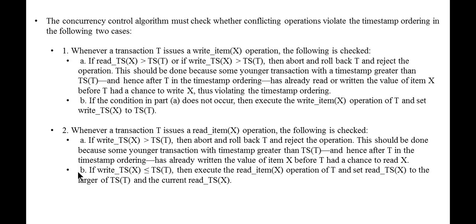If this condition is false, come to point B: the read item is allowed for transaction T, and after that the read timestamp of X must be reset to the timestamp of T, because T has been allowed to read the value of X. That is the procedure. These two conditions are tested before permitting any read or write on a particular data item X.